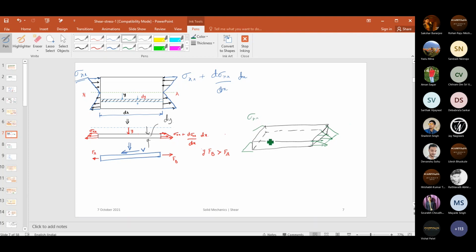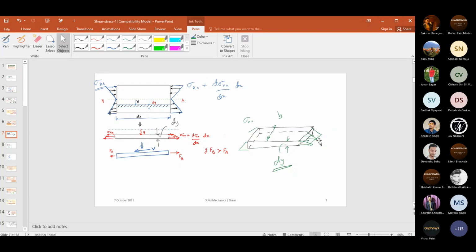Let's say this width is called b, and the depth is dy. So naturally, integrating over this area, I can find out the resultant force if I know b, the width of the beam. The resultant force will be FB on this side, and FA on the other side.